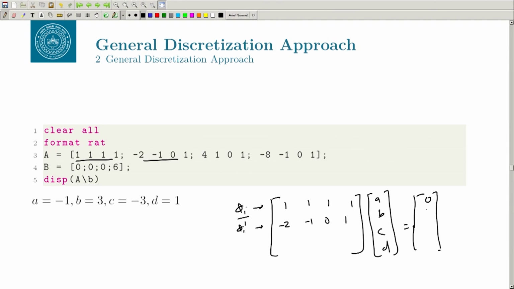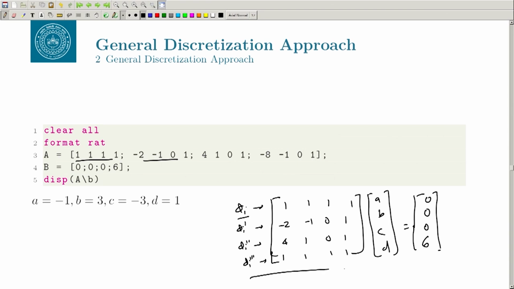You can go back and please work this out. Similarly, for phi I double prime, we have 4, 1, 0, 1, and that will also be 0, and the last one will be 1 and 1 and 1 and 1, okay. This is the phi I triple prime, and this value is 1, and because you have a factorial 3, so that will become 6 here, okay.